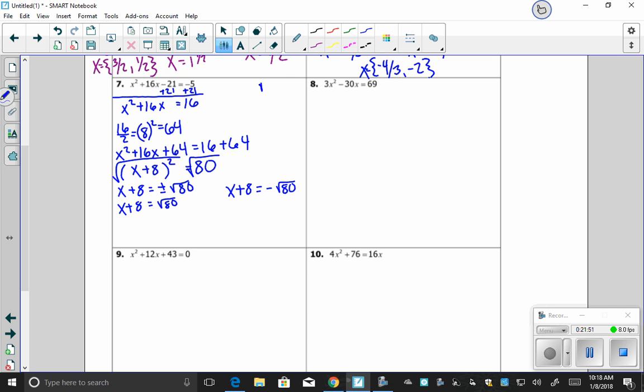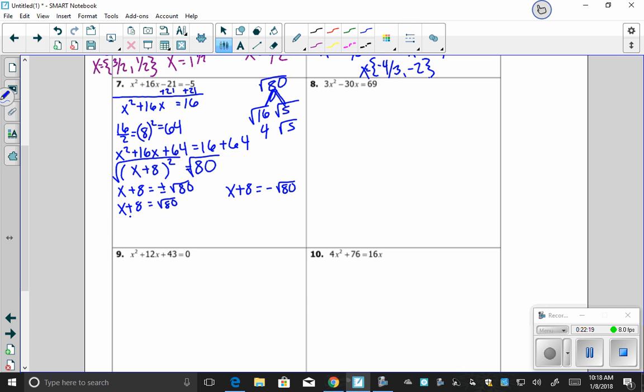I'm going to pull the square root of 80 up here so I can help try to factor the square root of 80 because it will simplify. A perfect square that will go into 80 is 16. I believe this is the biggest one. So 16 and 5. The square root of 16 is 4. Square root of 5 is square root of 5.